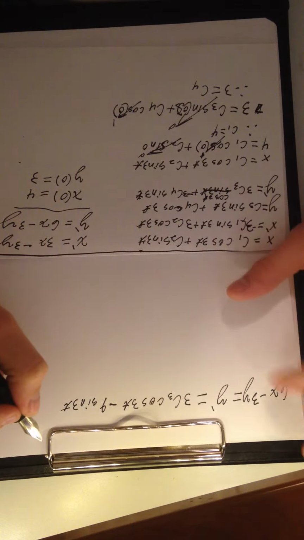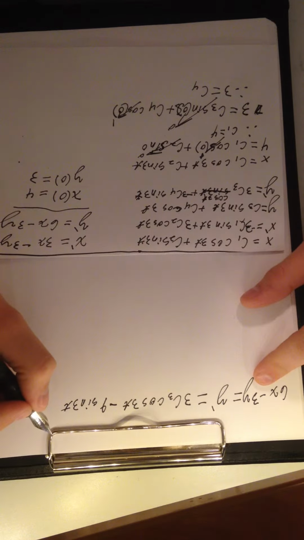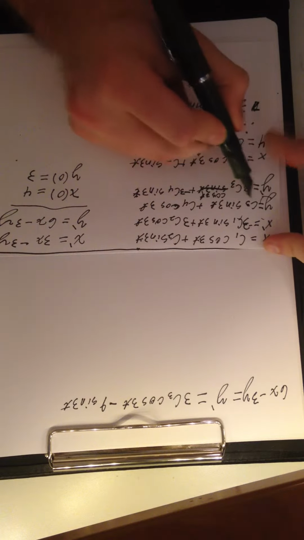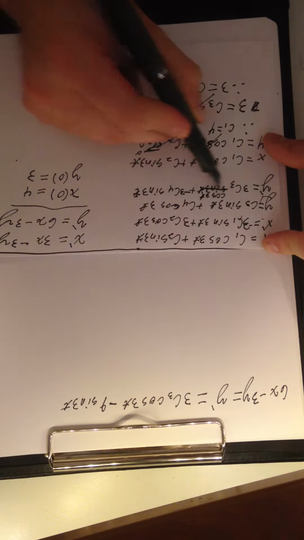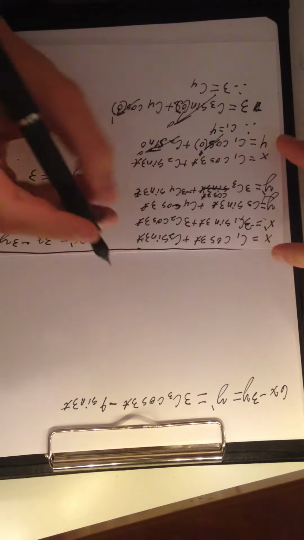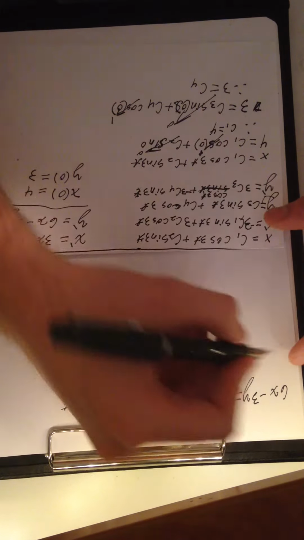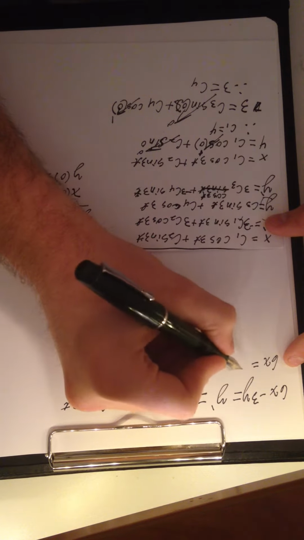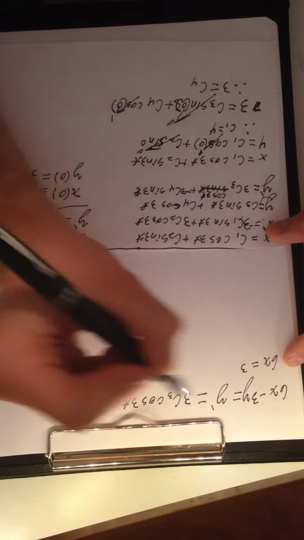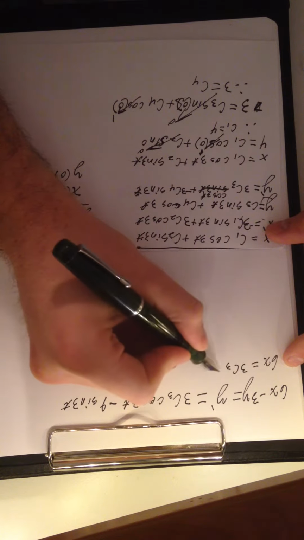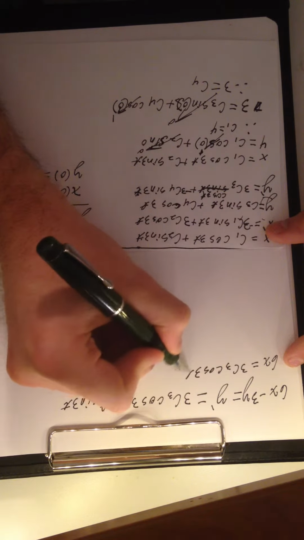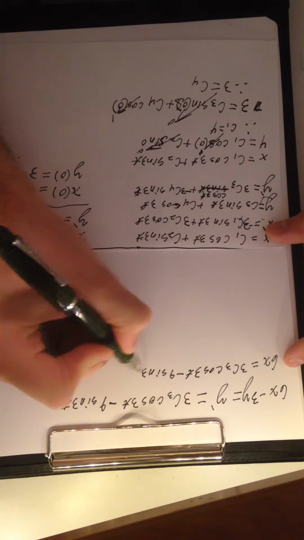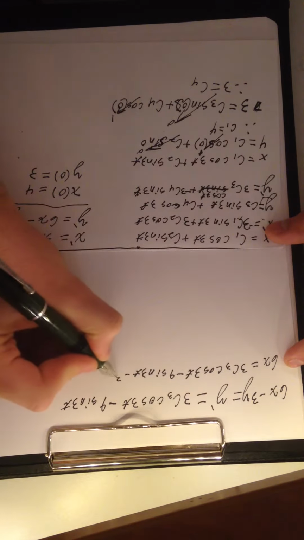Now we have to solve for x, and to do that, we are going to need to plug in what our y value is. We plug that in for y and solve for x. So we'll say 6x is equal to 3c3 cosine of 3t minus 9 sine of 3t minus 3y.